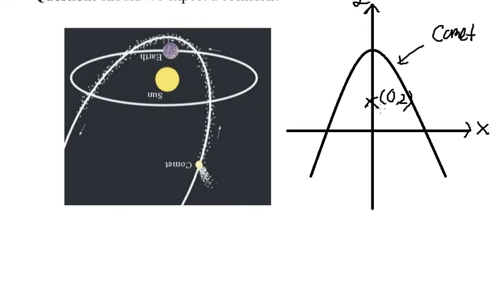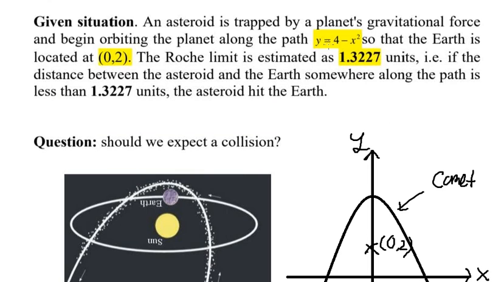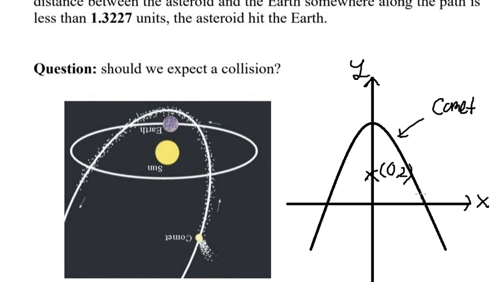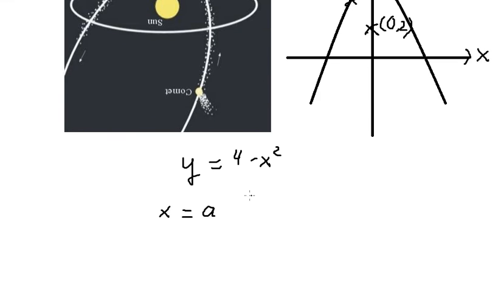To do this, for example, we have y equals 4 minus x squared. Let's say x equals a. That means we have one location on the curve, and we have a in here.